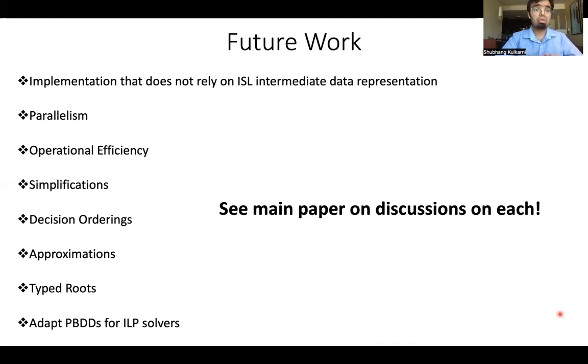There's a lot of scope in looking at several simplification operations, whether domain specific or generalized. Decision orderings play a huge role in BDD literature, and so trying to implement those for PBDDs would be interesting. And there are several other directions that you can refer to our main paper for discussions on.